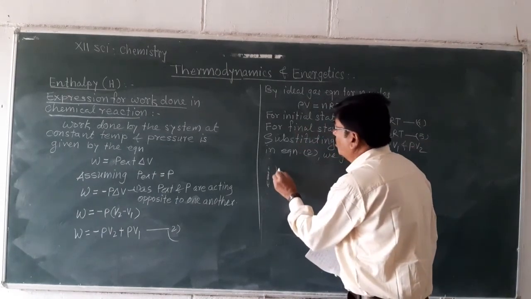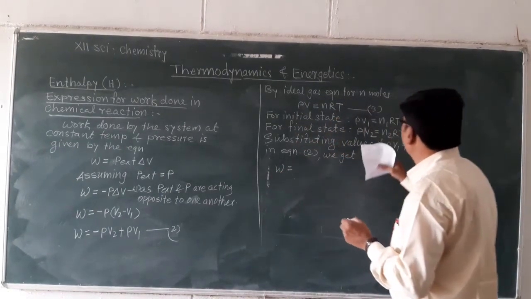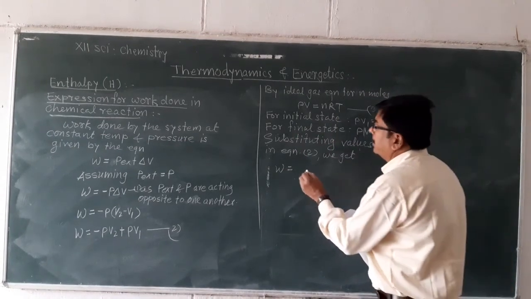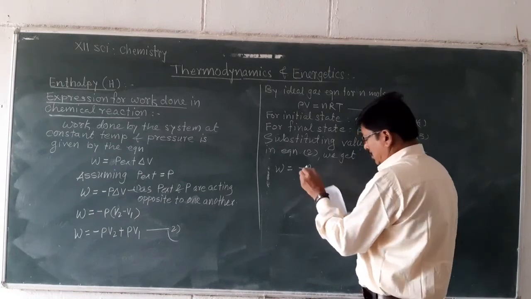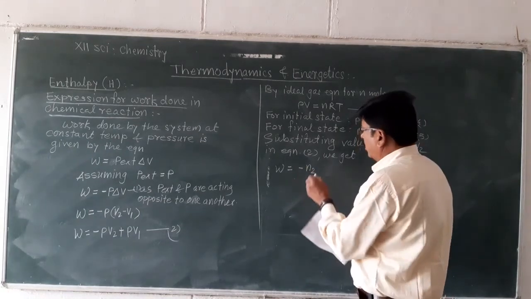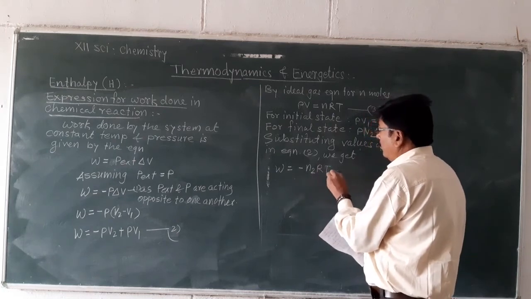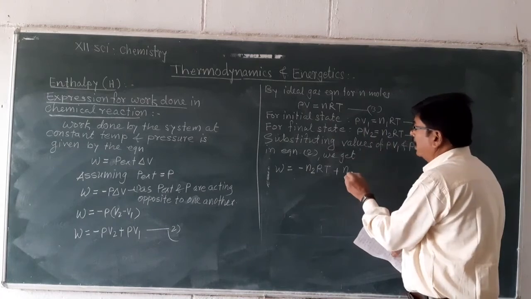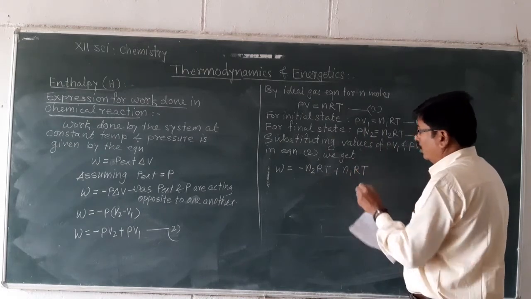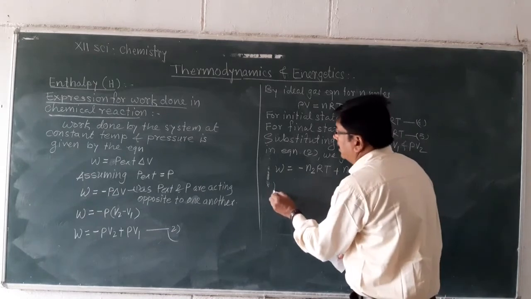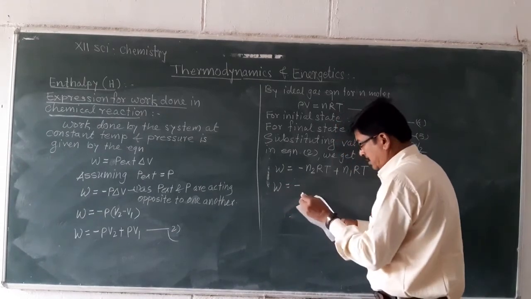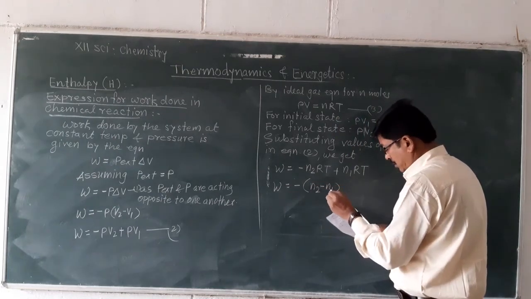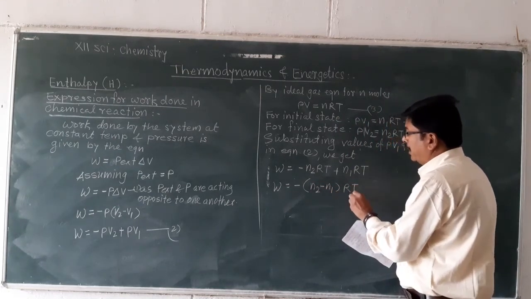W is equal to, now what is the value of PV2, N2RT, minus N2RT plus the value of PV1 as N1RT, or it can be written as minus into bracket (N2 minus N1) outside the bracket RT.